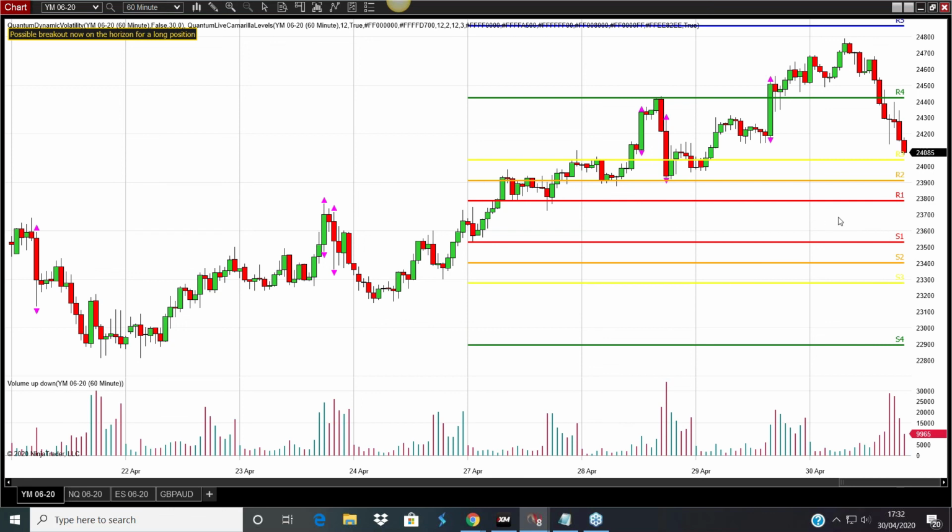Sometimes it will go into consolidation, and you really have to wait for some kind of catalyst to move it in one direction or another. But at least the R3 will tell you on the hour that, if anything, it will at least pause at that level.